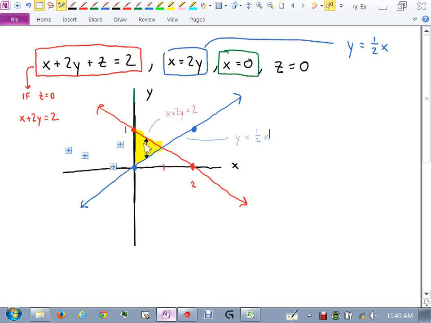Now, because I'm doing type 1 here, I do need to solve this one right here for what? For y. So solve that for y just so we have it. y equals negative 1/2 x plus 1.